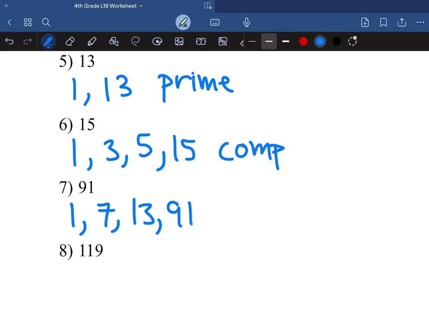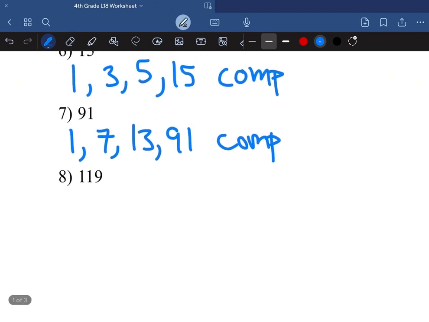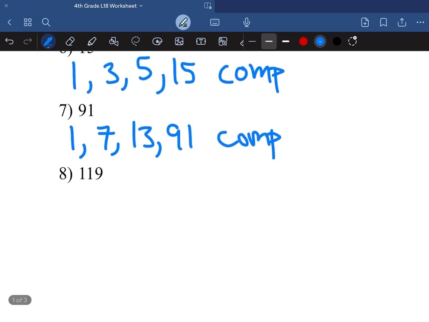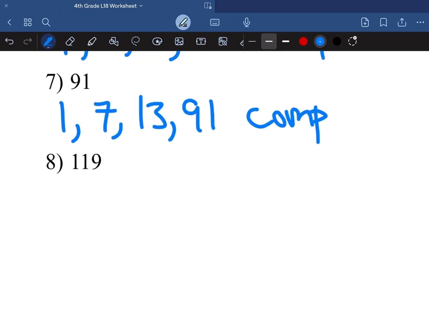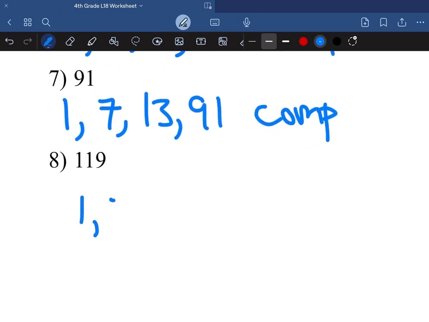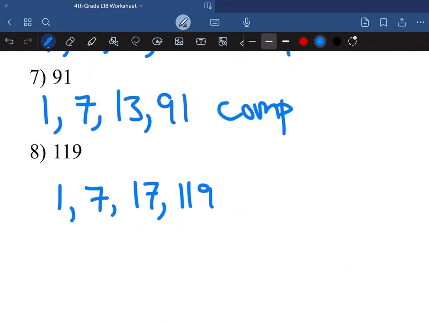There are more than two factors, so this is also a composite number. And lastly, we have number 8, which is 119. The factors of this number are 1, 7, 17, and 119. There are more than two factors, so this is also a composite number.